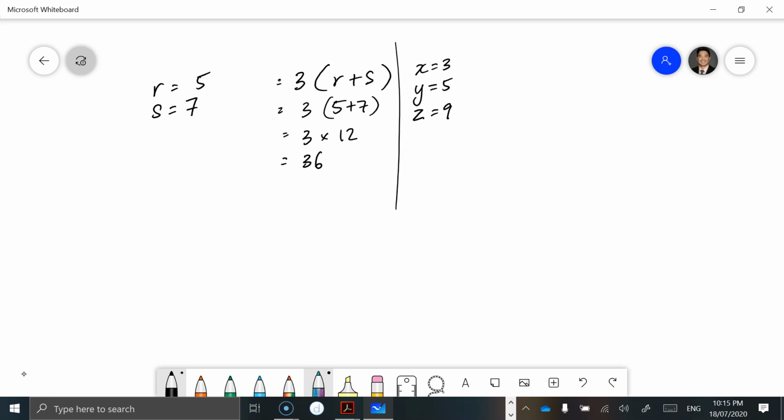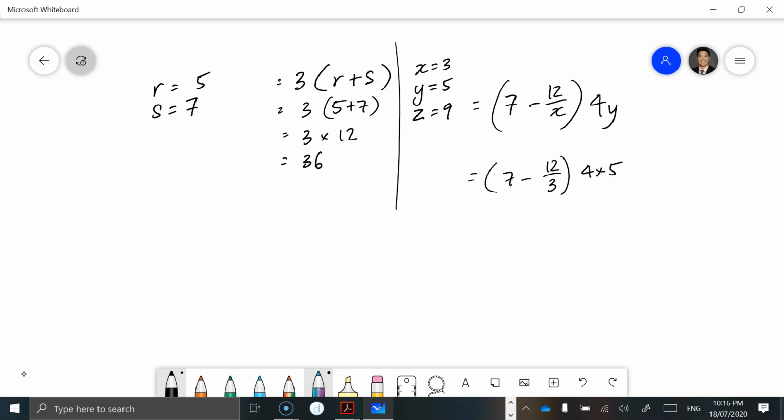And we'll have 7 minus 12 over x, outside of 4y. Brackets come first, so let's substitute all the values. x is equal to 3, so 12 over 3. And then on the outside we have 4 times y, so 4 times 5.